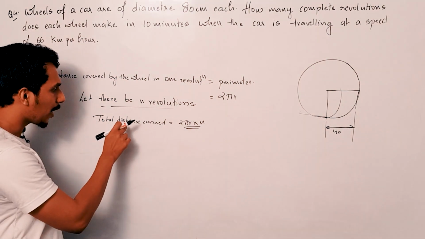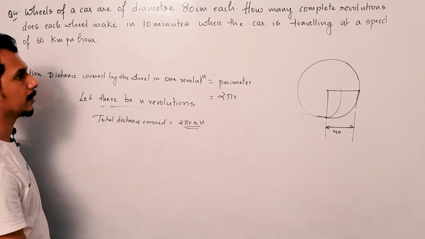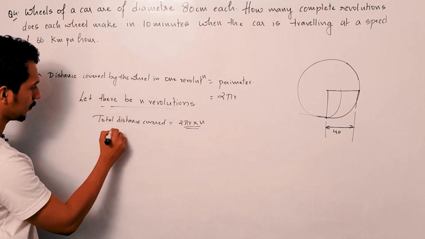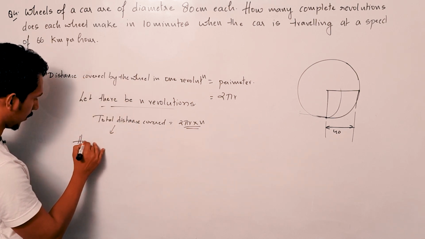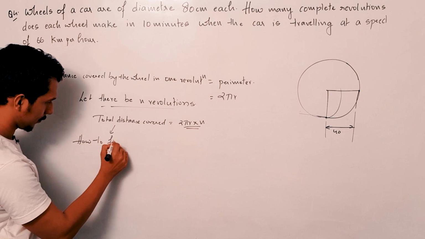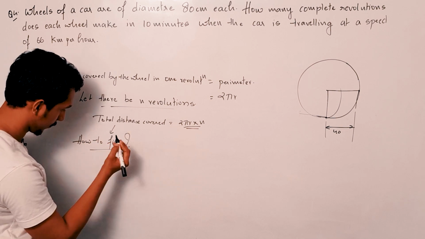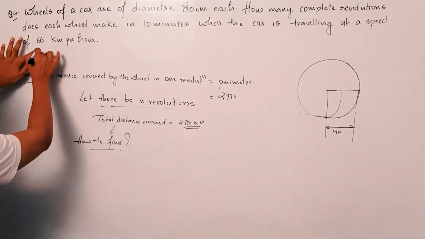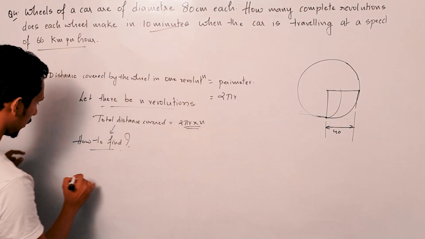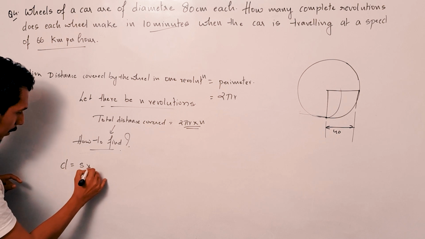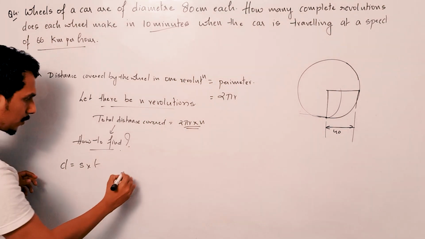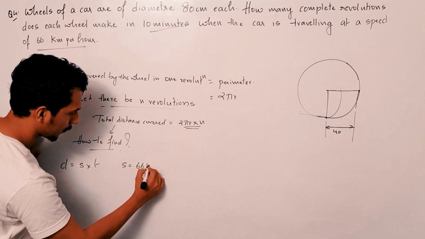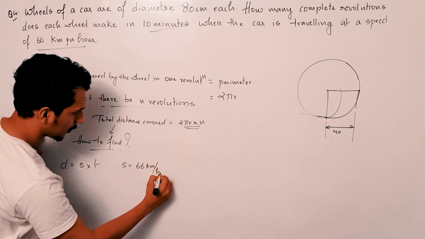Okay, now we have to find out the total distance covered. So how will you find the distance covered? A very simple thing. See, the speed is given, time is given, distance is equal to speed into time. Everybody knows. Okay, what is speed given? 66 km/h.